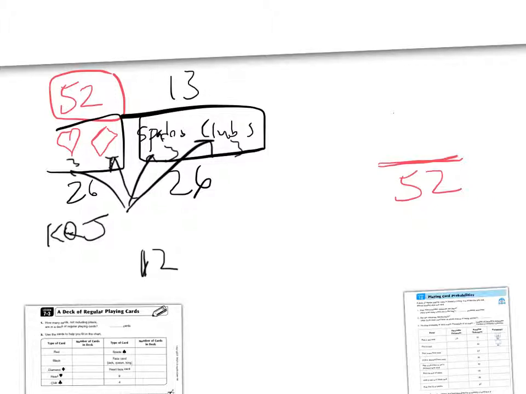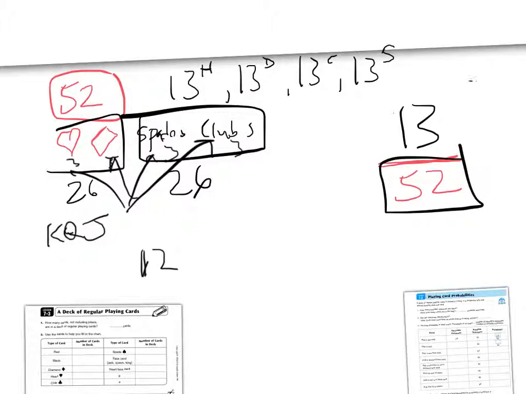So there's 13 hearts, there are 13 diamonds, 13 clubs, and 13 spades. If I said, what are the chances or the probability that you would draw a heart out, it is 13 out of 52, because there are 52 cards in the deck, there are 13 hearts. Same with diamonds, same with clubs, same with spades. So the probability would be a 13 out of 52.